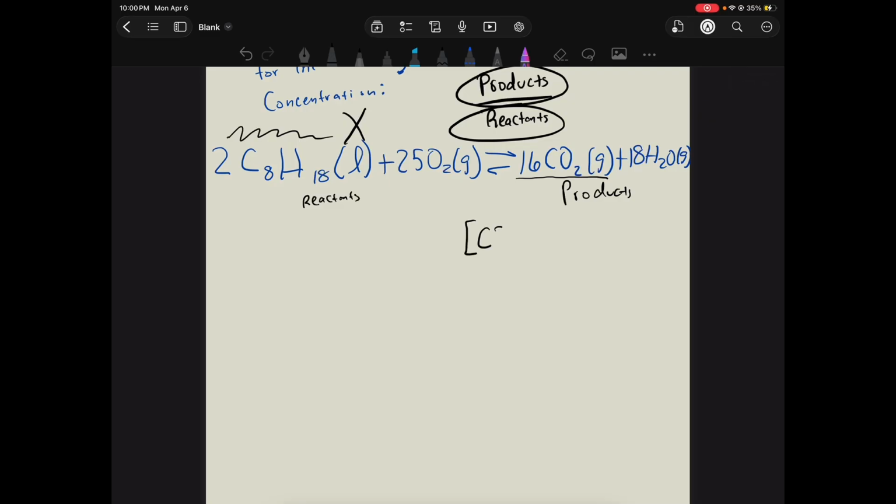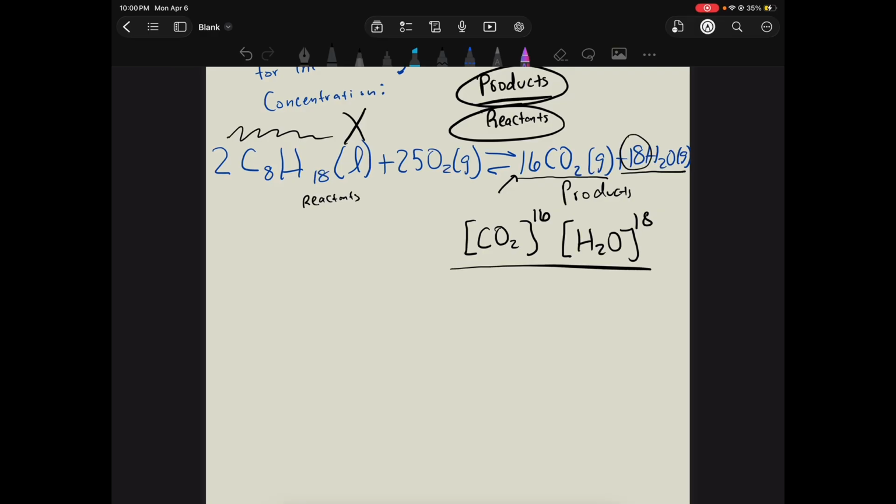So we would just write CO2, and then the coefficient here would just turn into an exponent, so to the power of 16. Then our next value is 18 H2O gaseous. It's gaseous, so yes, that's okay to use. So we do H2O to the power of 18 because that's our coefficient.